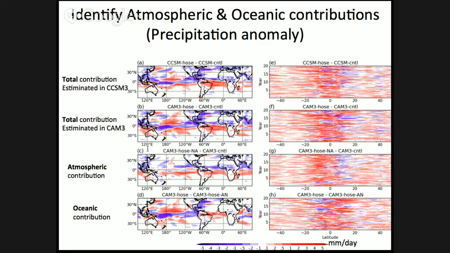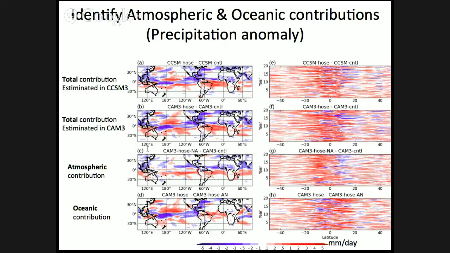A southward shift of the Atlantic ITCZ is reproduced, and increasing precipitation over the equatorial Pacific Ocean, and to the north and south of the equatorial Pacific. They're all reproduced. And the increase of precipitation in the Indian Ocean is also reproduced.